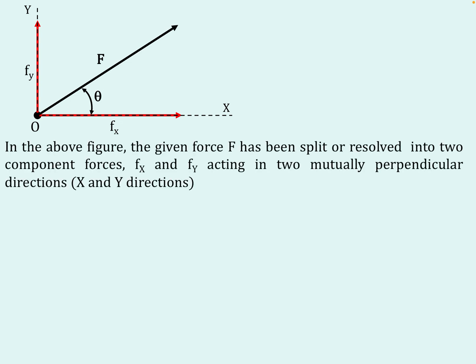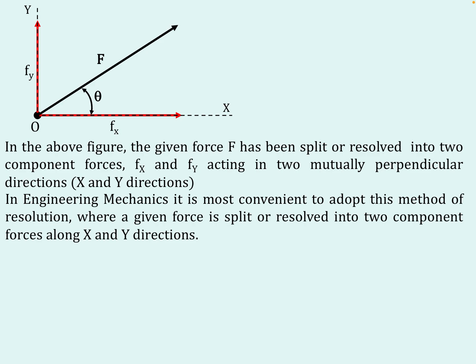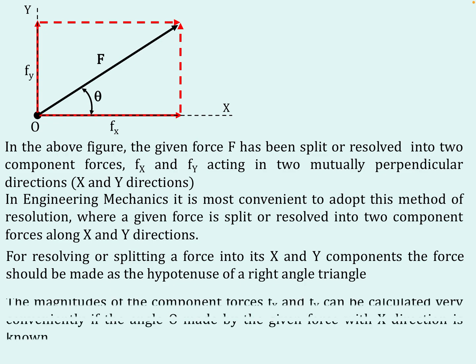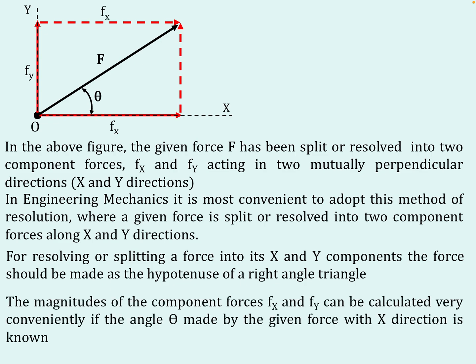What am I going to do? I'll just show you here. This side also is nothing but Fy, or if I draw one more horizontal line through this point, I get another force here. So now this is also our Fx, and this is also our Fy.